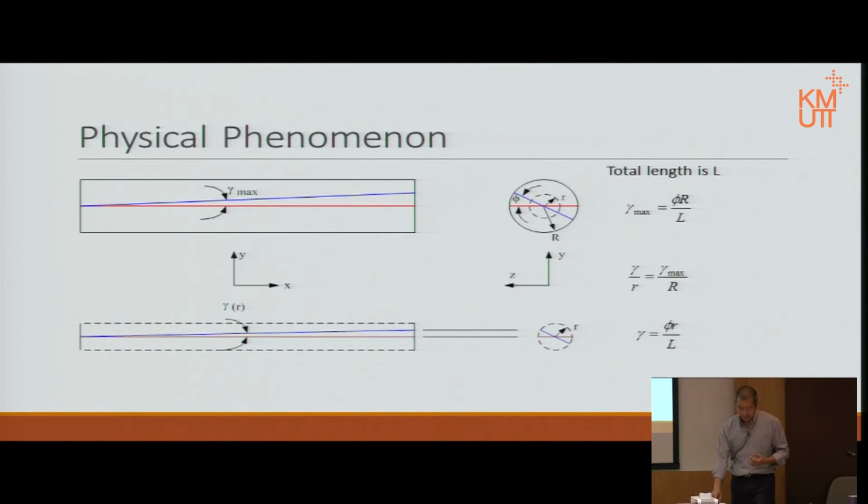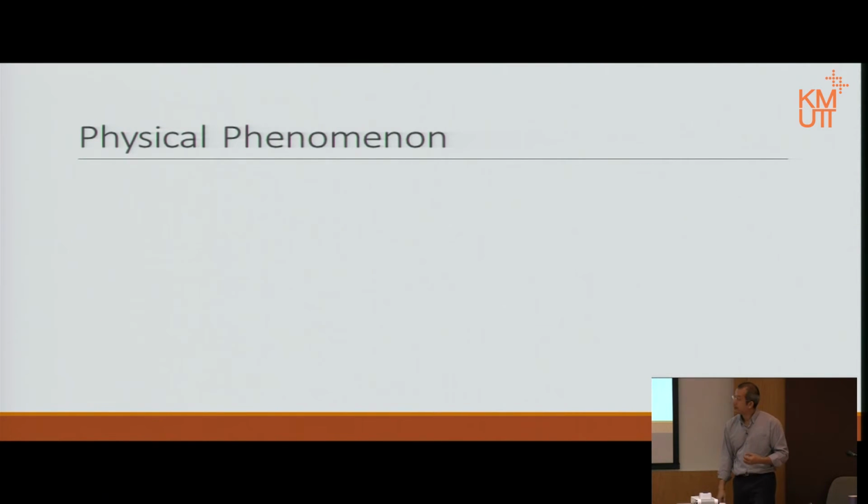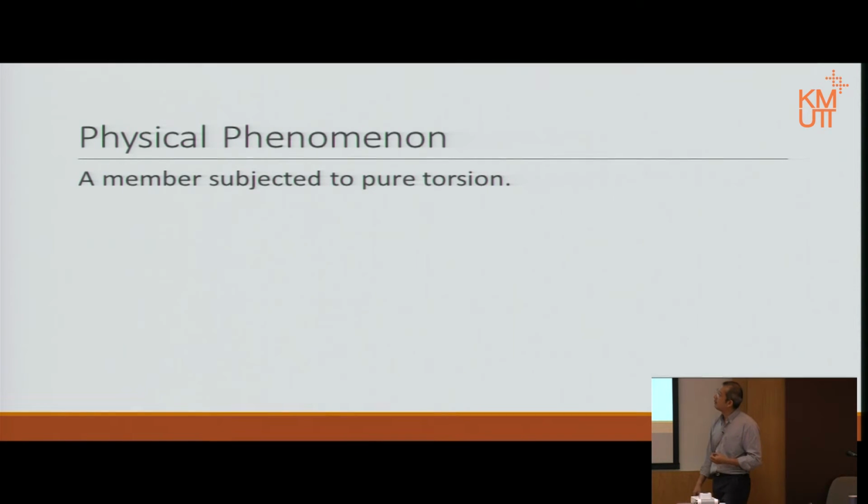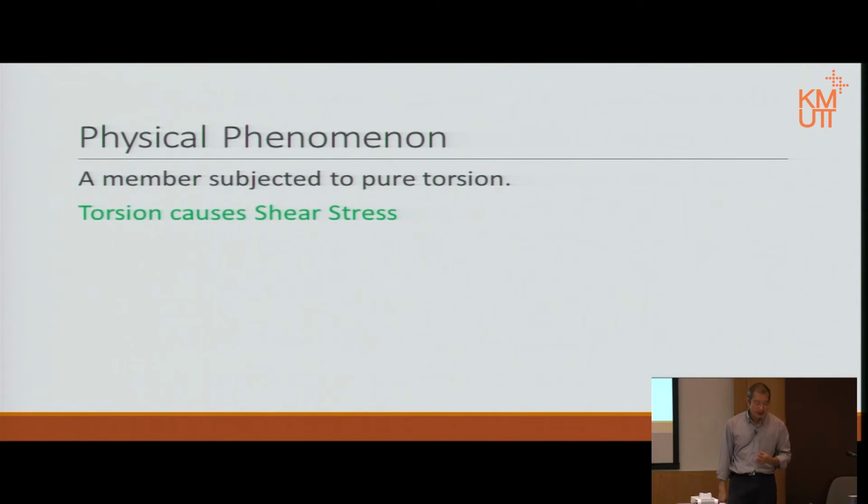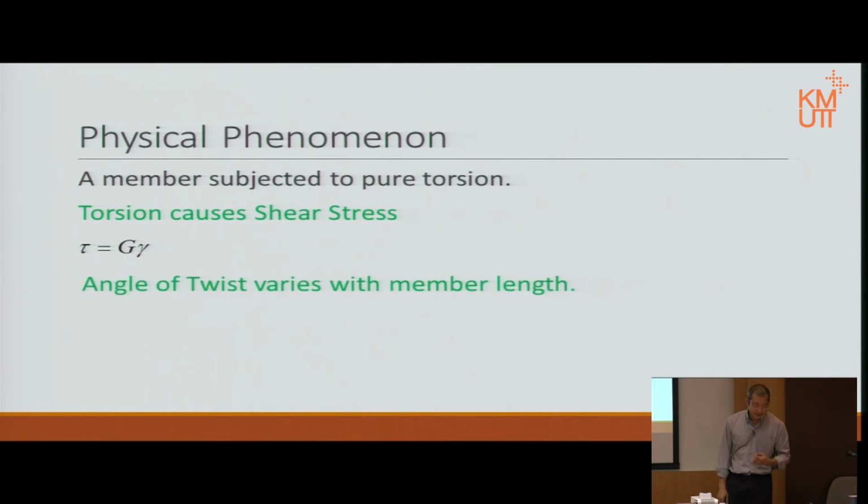Now let's move on, and we summarize it a little bit. If a member is subjected to pure torsion, then what we have is shear stress and of course shear strain. We find that angle of twist varies with the member length, meaning the position along the length.